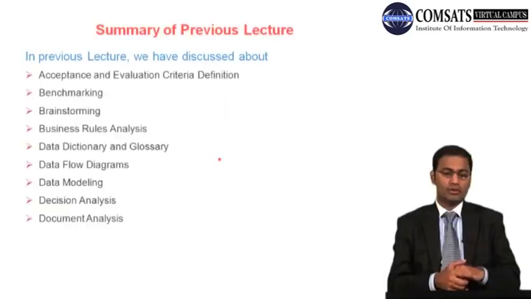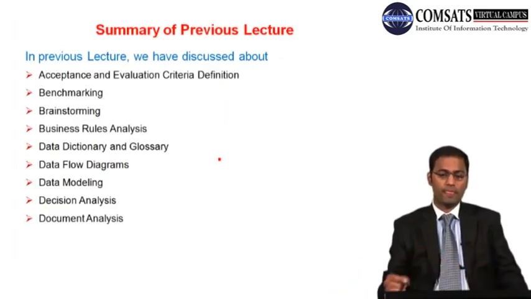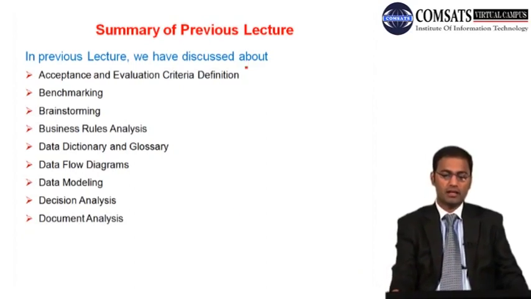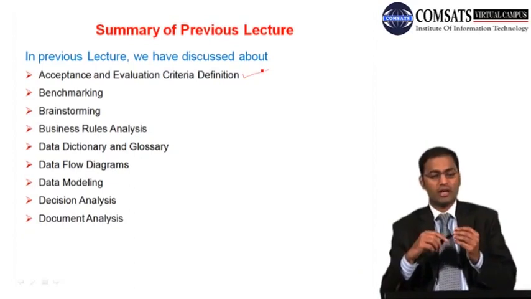So this is the concept of these techniques, and let's have a summary of the previous lecture before we start with lecture number 21. In the previous lecture we talked about acceptance and evaluation criteria definition.